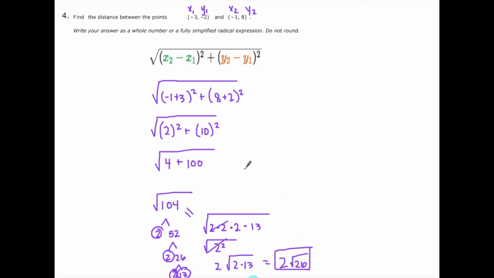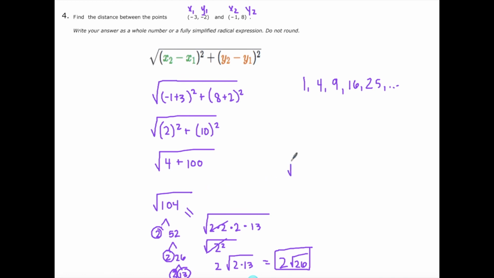Another way that you could think about it, if you look at 104, once you get to that point, you could just say what perfect squares go into 104. And our perfect squares are numbers like 1, 4, 9, 16, 25, and so on. If we have 1, that's not really going to simplify anything for us. But if we move on to 4, does 4 go into 104? And it does.